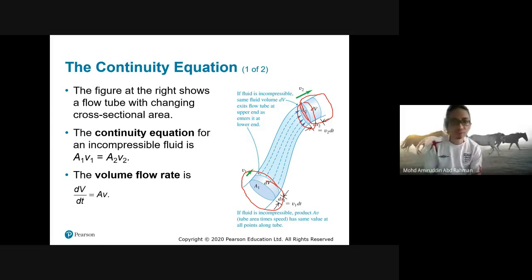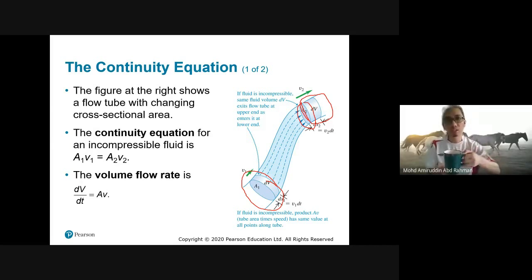So let's say you turn on the same water, pouring the same water. Let's say you have a mug over here, and you want to pour that into a bowl.